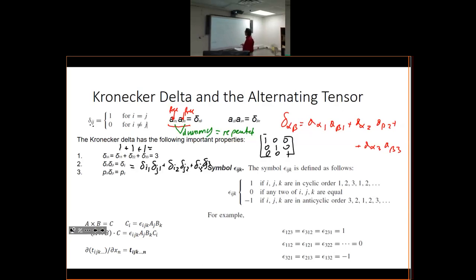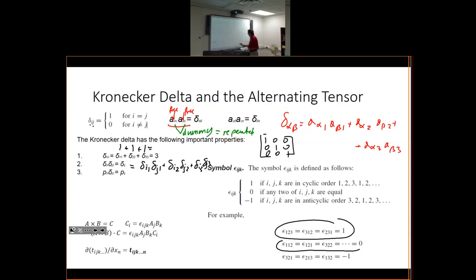It is defined as 1 if ijk are in cyclic order: 1, 2, 3, 3, 1, 2, and 2, 3, 1 give 1. If you repeat any index, then it is 0.